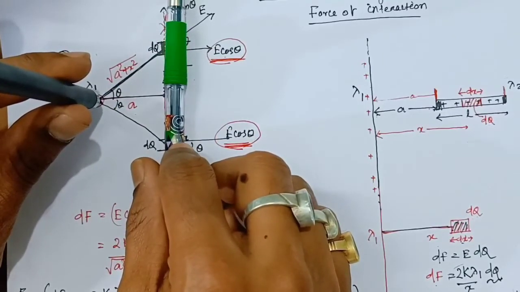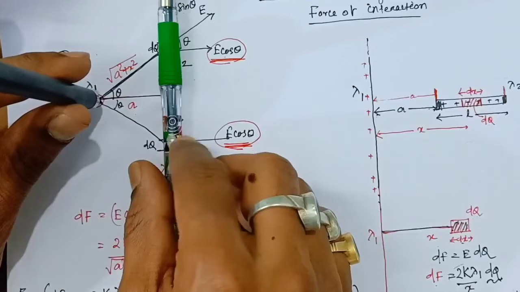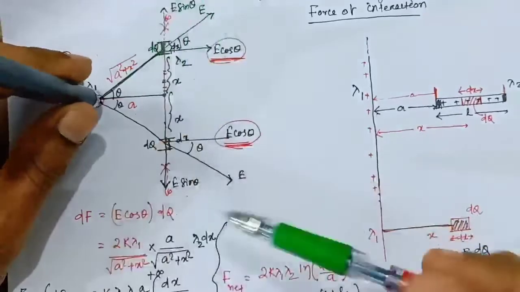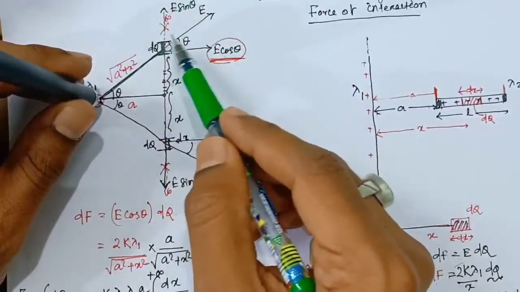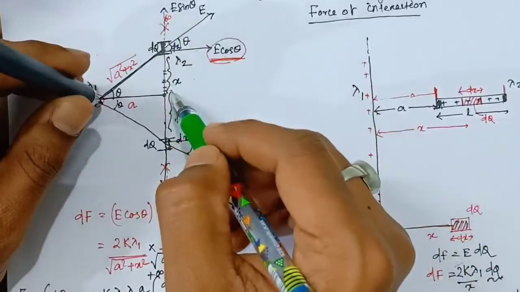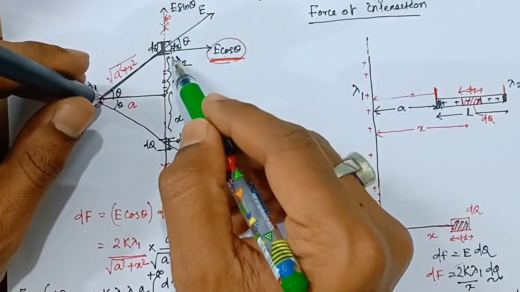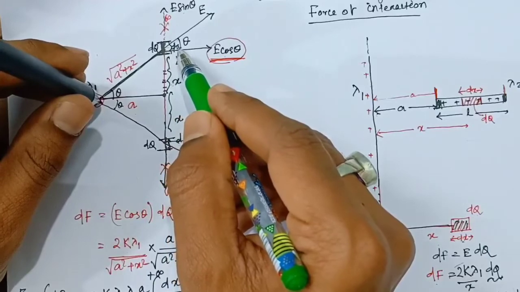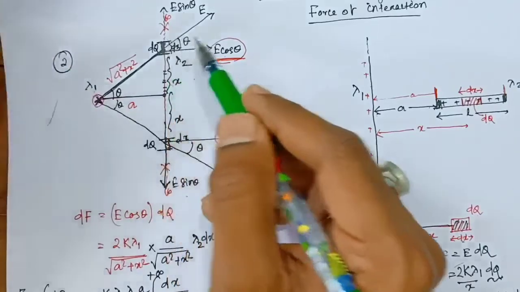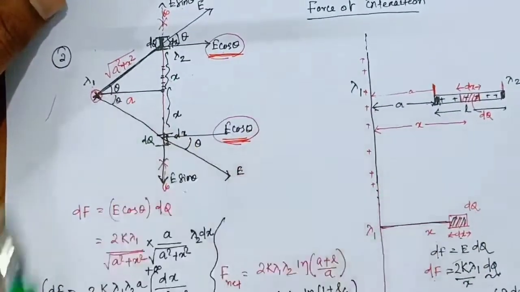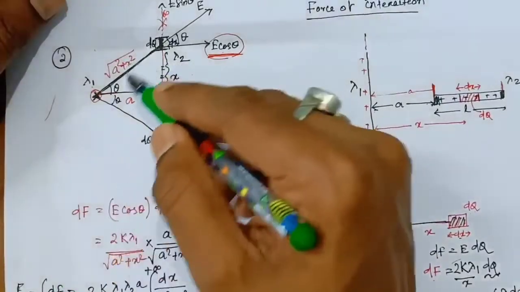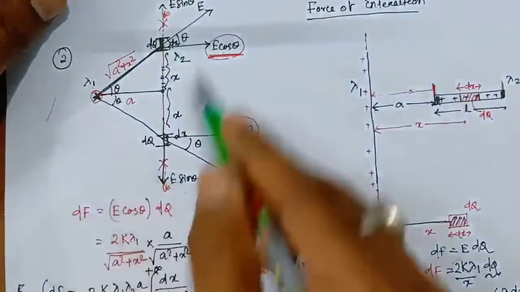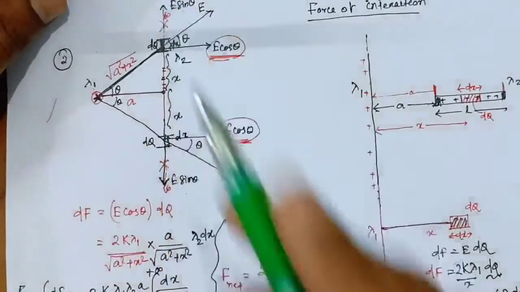The question is asking to find the force of interaction. I will consider a very small elementary section here, of length dx exactly at a distance x. I consider a small element dx having charge dq, and this is theta, this is theta. If I break this electric field, there are two components, E cos theta and E sin theta.